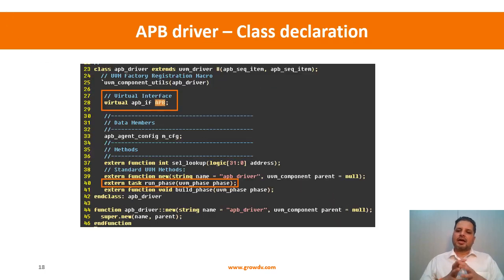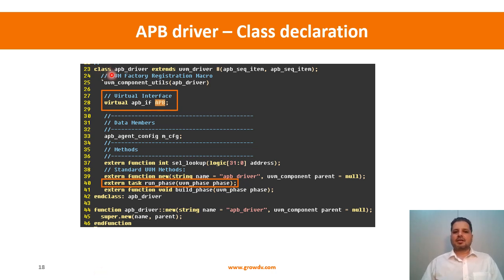Okay, so we have looked at the high level agent and how everything gets instanced and how the virtual interface gets passed on to the monitor and driver. We will look into how the monitor and driver use it to implement their functionality. So let's start with the driver.